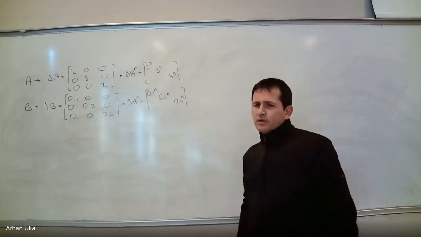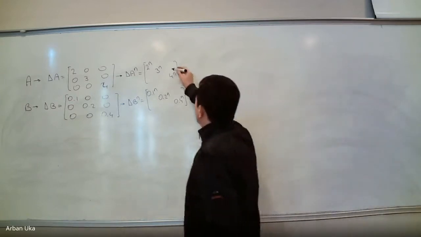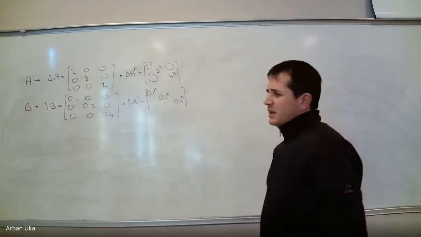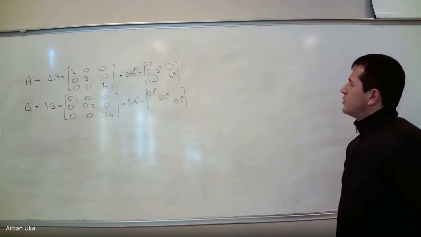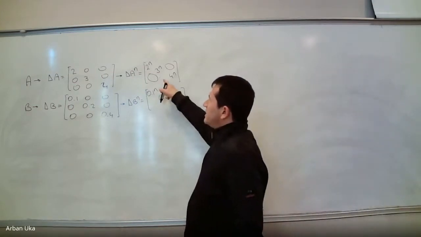So what do you observe for the first case? Of course, the upper triangular and the lower triangular parts are both equal to 0.